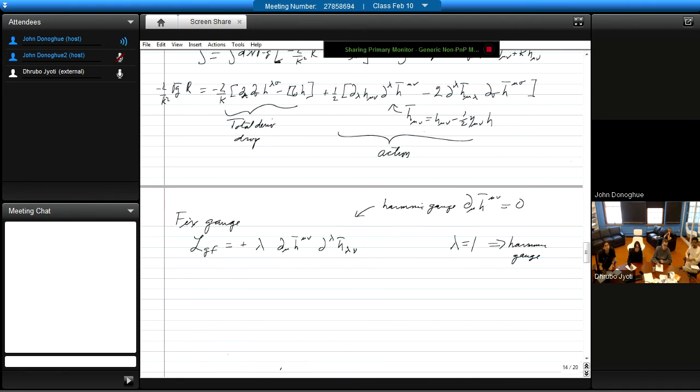And the way to verify that is just to add this in, take lambda equals 1, and do the equations of motion. No, I'm sorry, this is just some parameter. I started writing C, and if you're familiar with the R_C gauges in Yang-Mills, it's the same parameter as C in Yang-Mills.